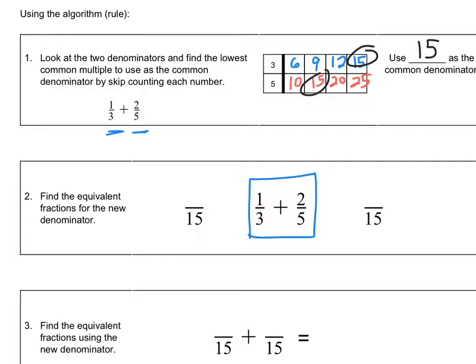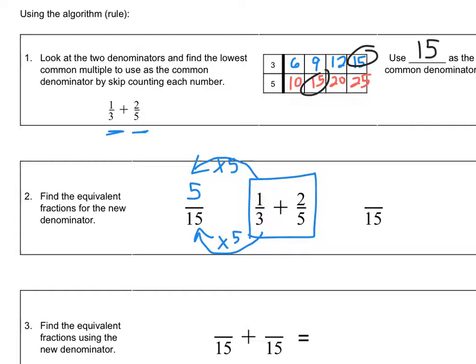And what I've got to do is figure out what do I multiply 3 by to get to 15. And I multiply 3 by 5, so I'm going to say times 5. So whatever I do to the bottom, in order to stay equivalent, I've got to do the same to the top. So 1 times 5 is 5. So I found my first equivalent fraction.